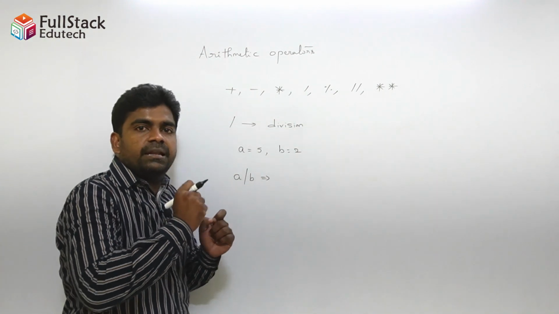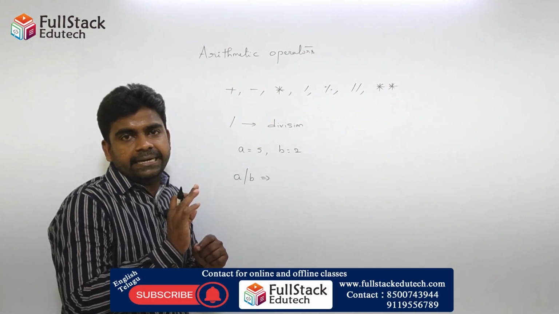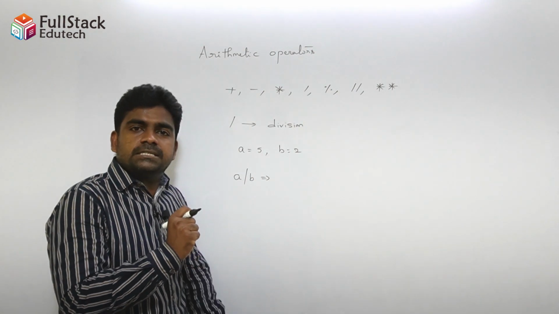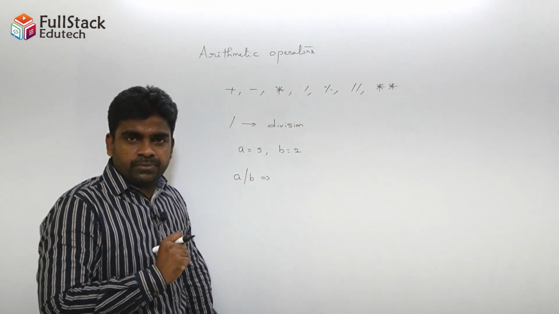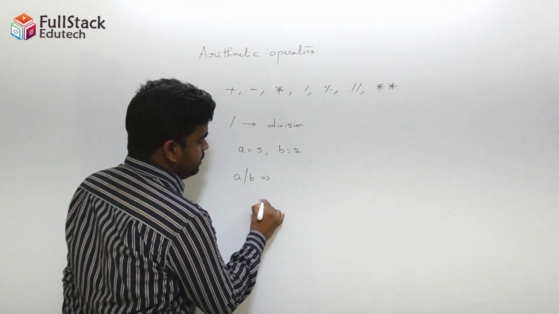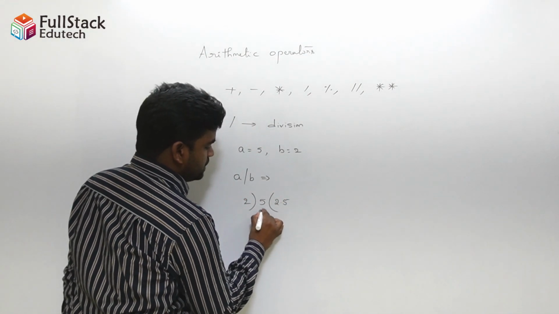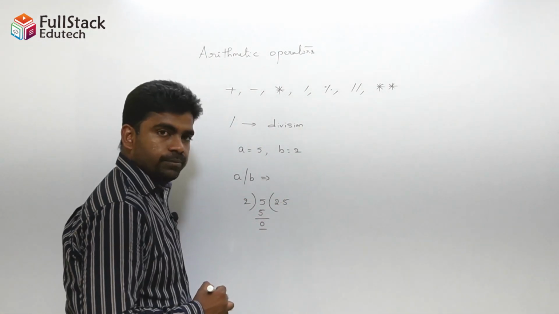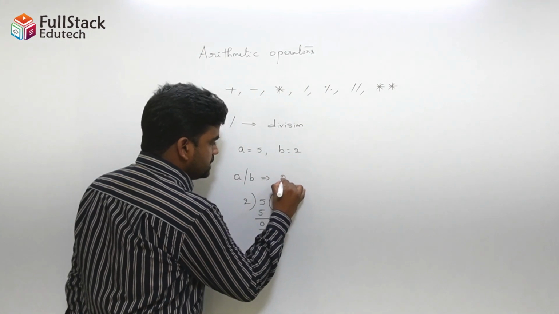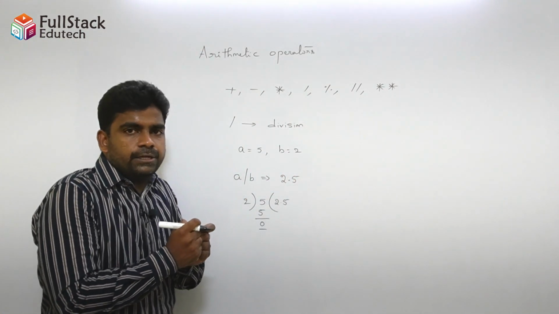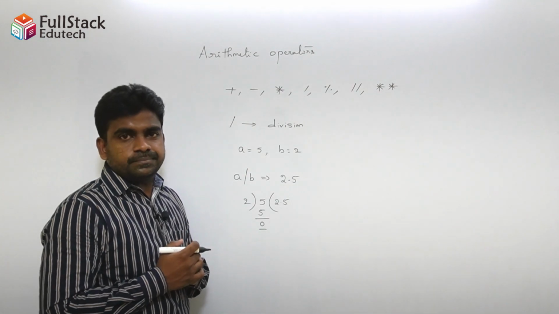It considers it as a decimal value only, not an integer value, because Python does not support data types. So how will it perform the operation? 5 divided by 2 is 2.5. 2 times 2 is 4, remainder is 1. It will give the output as 2.5, with a decimal value.